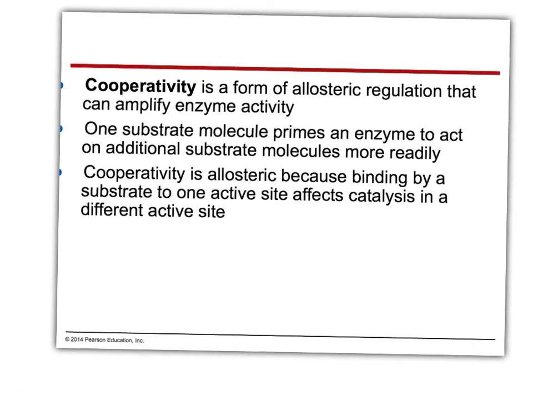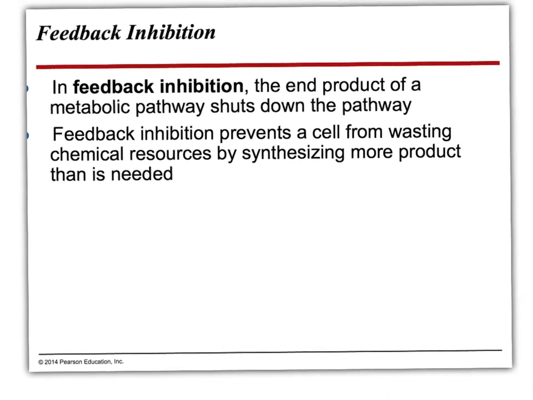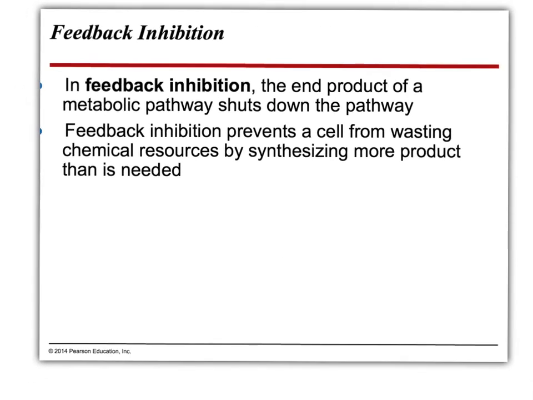So then we have cooperativity, which can amplify enzyme activity. And then finally we have another type of inhibition, feedback inhibition. This is very important in regulating homeostasis in cells and regulating the activity of metabolic reactions.